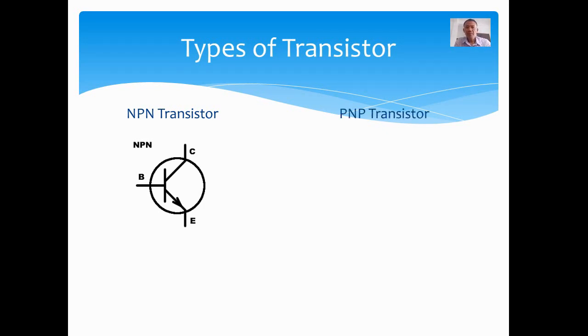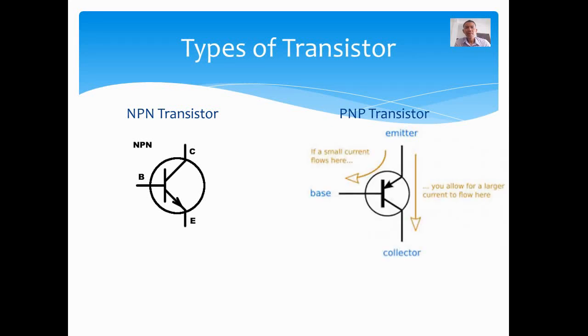On a PNP transistor, the negative material is sandwiched between the emitter and collector. So it means that the base is a negative material. Emitter and collector are positive material.